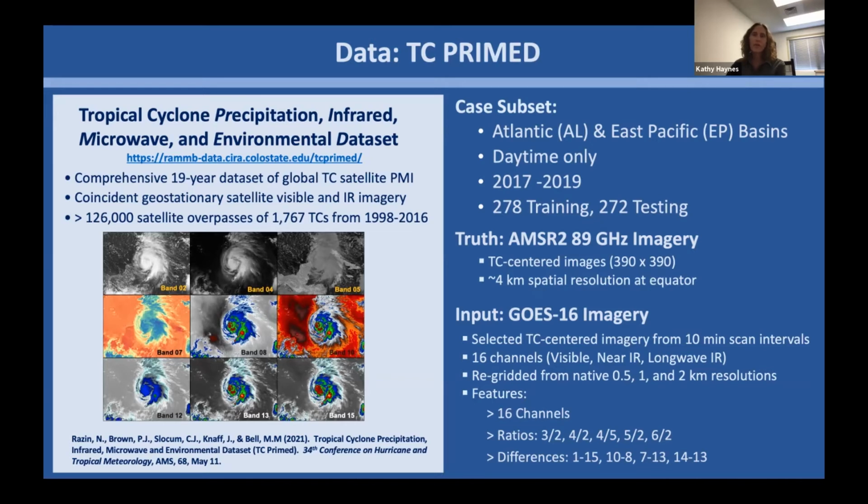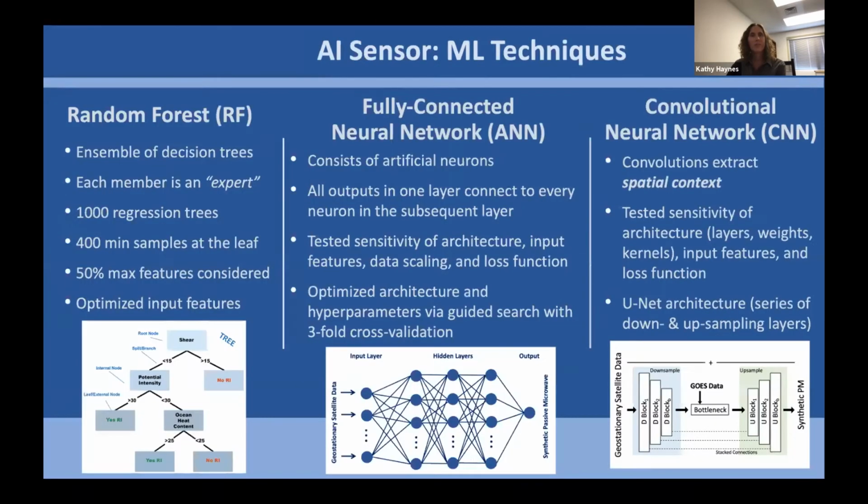GOES, as we've heard in several talks throughout the day, has 16 different channels in the visible, near infrared, and long wave infrared. All of these were regridded to match the microwave imagery. In addition to the 16 channels on GOES as input to our machine learning techniques, we also used various ratios and differences.